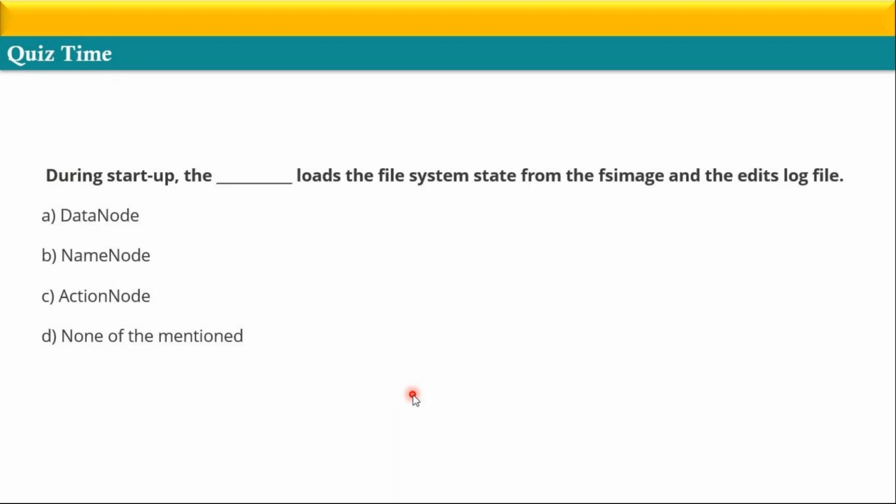I think it should be none of the mentioned, because the secondary name node loads the file system state from FS image and edits log. Okay, none of the mentioned.